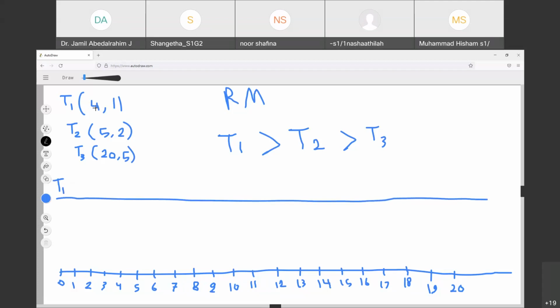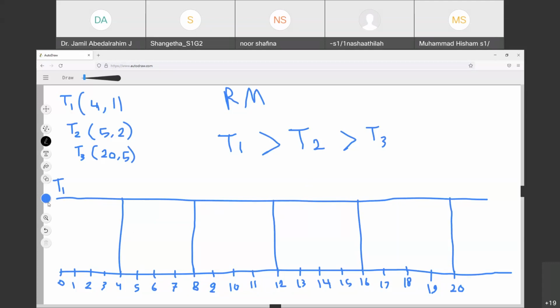Each period is 4, so 0 to 4 is the first period, this is the second, then third, and so on.